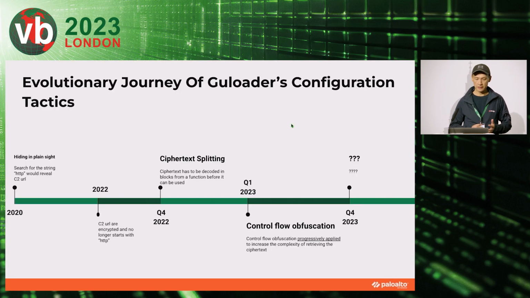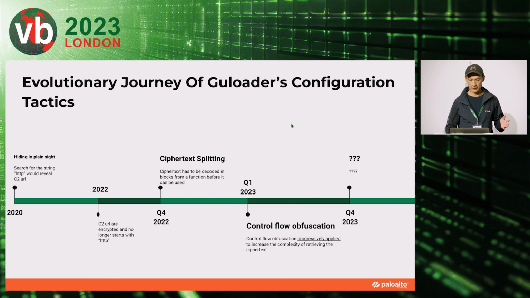Let me use this timeline diagram to give an overview of how GULoader has been evolving. Back in 2020 when it first started, research done by CrowdStrike showed that you could just do a quick search for the substring HTTP, and you would obtain the C2 URL, which is the most important part of GULoader.